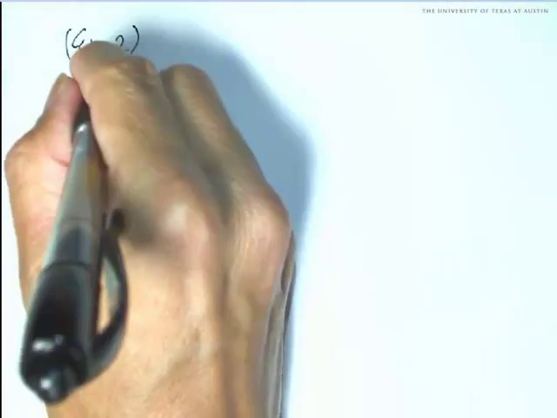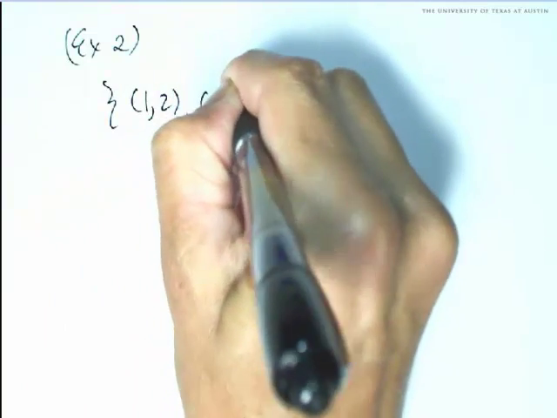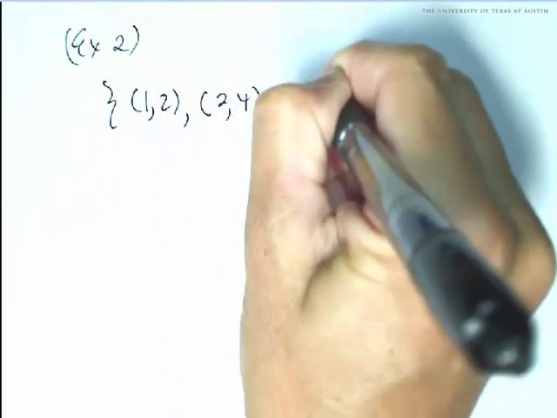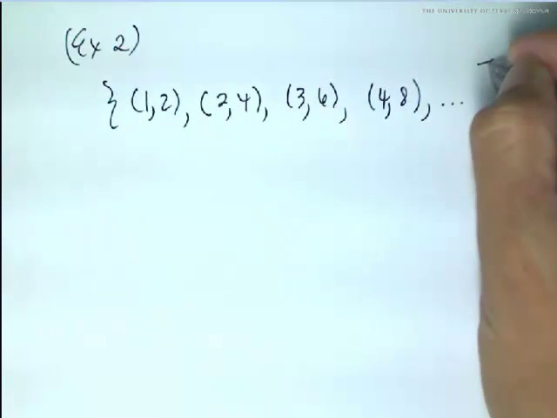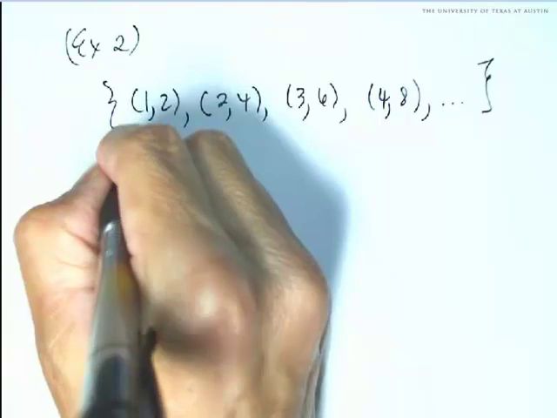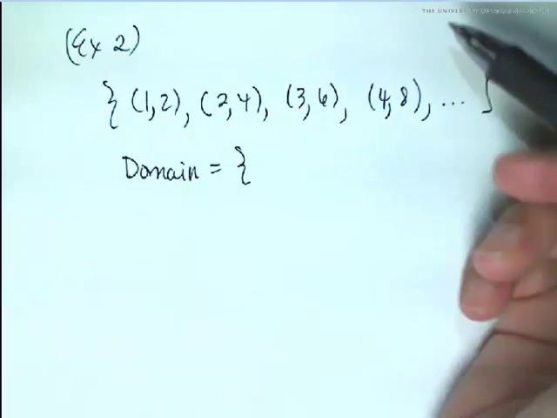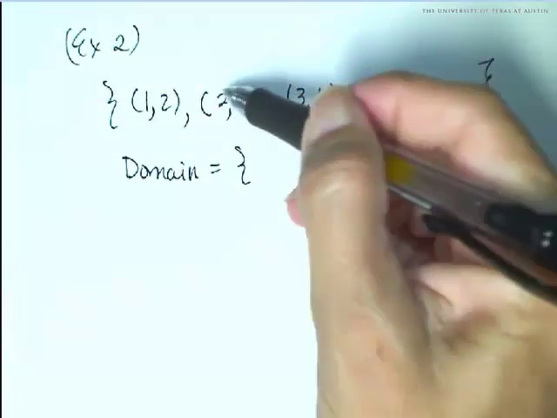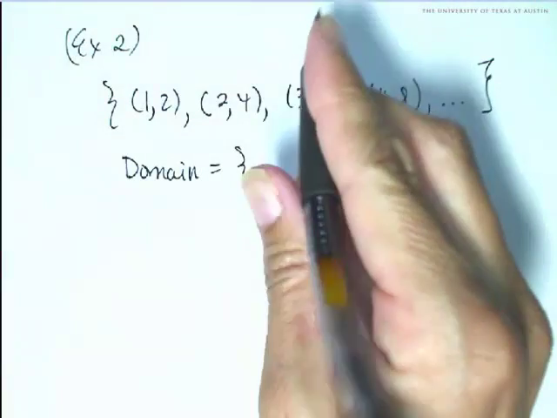So here's another example. Let's say we have this set containing (1, 2), (2, 4), (3, 6), (4, 8), and we continue this pattern off forever. And hopefully you can quickly see what that pattern is. So I see that my domain in this case is infinite, so I can't list them all, but I recognize the pattern: 1, 2, 3, 4, and we see that we're going up by positive integer values, starting at 1.